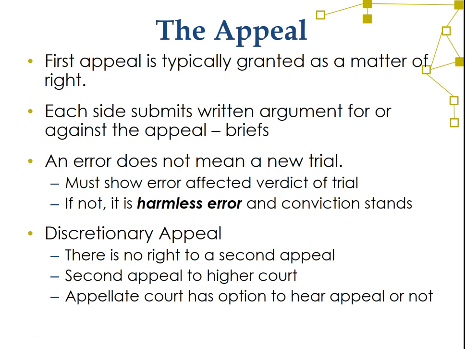And state law specifies how many votes are required; 4 out of 7 is common. One of the key differences when requesting a discretionary appeal is that the attorneys argue the importance of the case to the legal system and society rather than focusing solely on the person who was convicted.